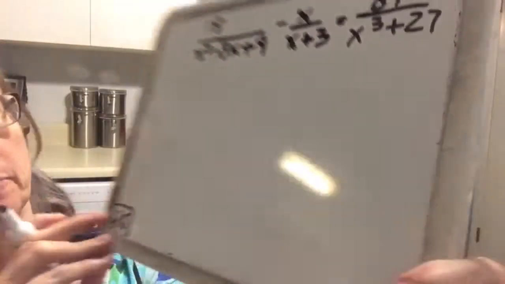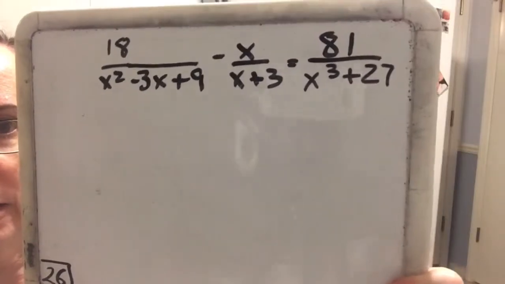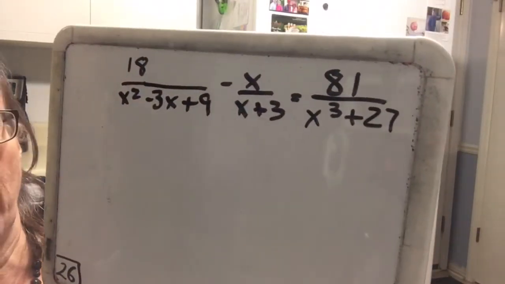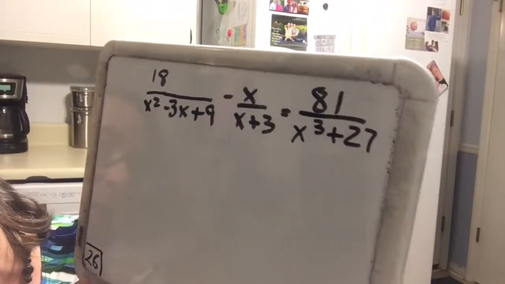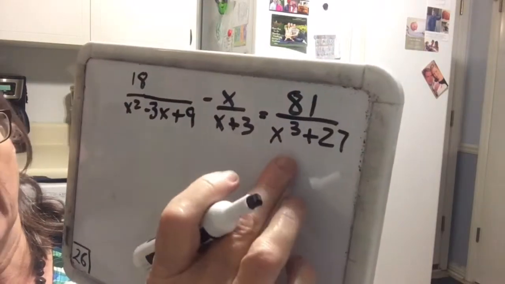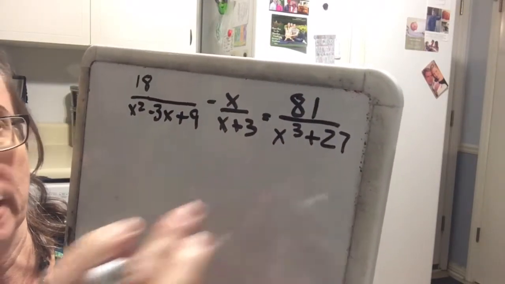This is problem number 26 in our book. All right, so what we're going to do is first factor all of our denominators because we don't know what we've got. Notice that we do have an x cubed plus 27.